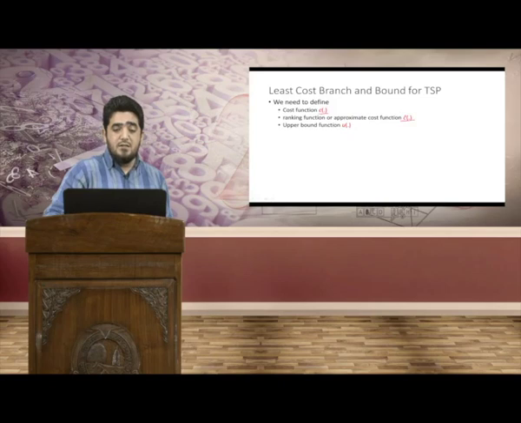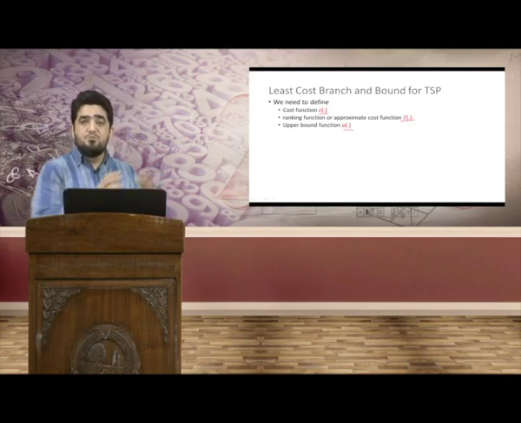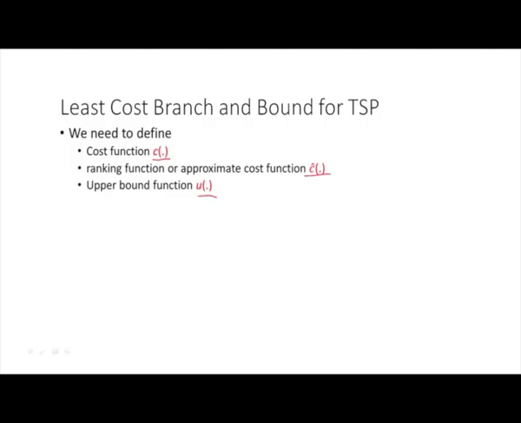And the final one is the upper bound function, which helps us bound intermediate nodes, or restrict growing other particular solutions. These are the 3 functions we have to define to build a least cost branch and bound solution to the traveling salesman problem.